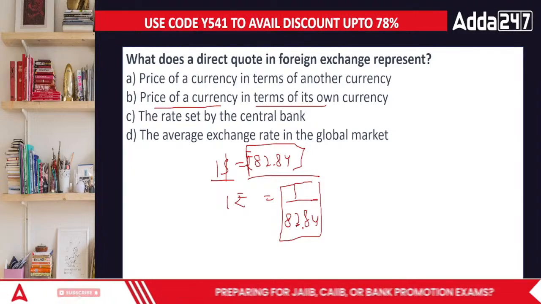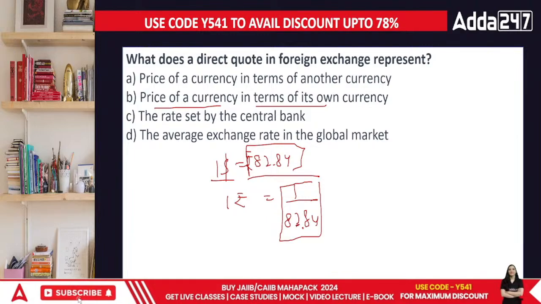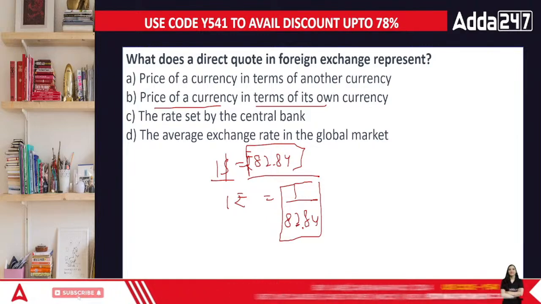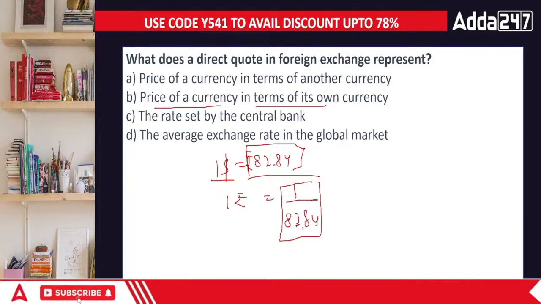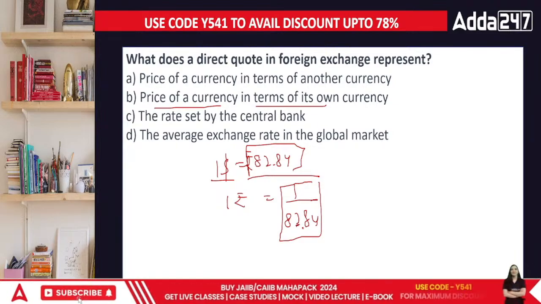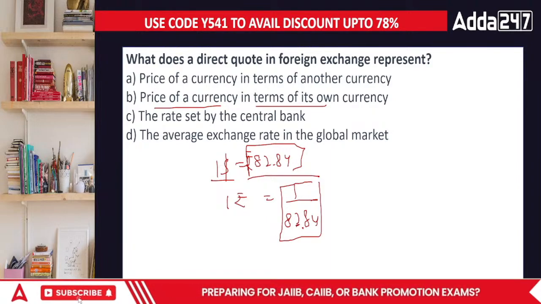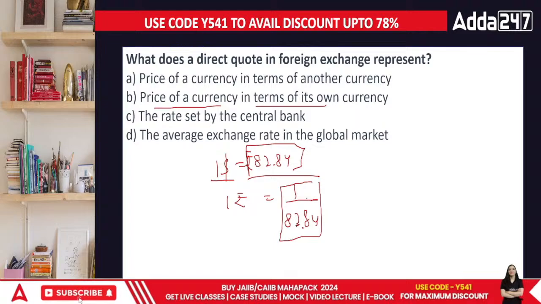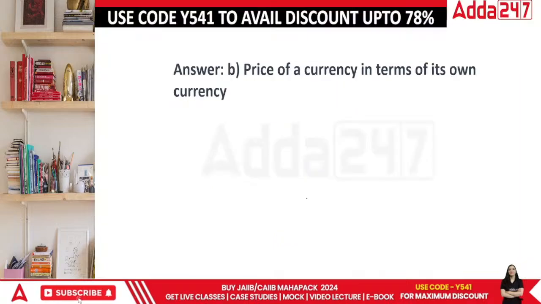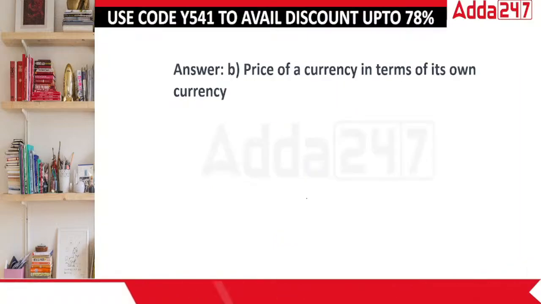The direct quote is where your rupee is denominated in terms of the dollars, and in the opposite case, the dollars in terms of 1 rupee, what would it be? Now what would be the answer, everyone? In this case, as we already know, the answer is B, the price of the currency in its own currency.